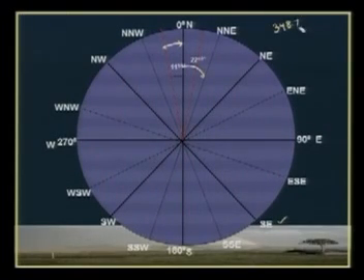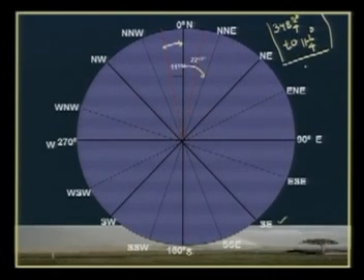Or let us say if the wind direction is between 348 3/4 to 11 and a quarter degrees, it implies the wind direction is north.